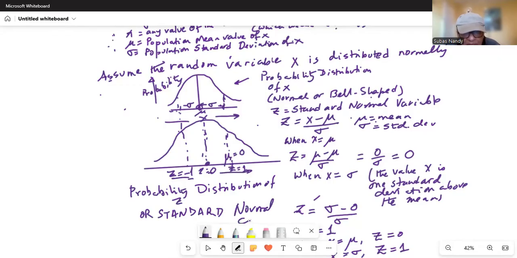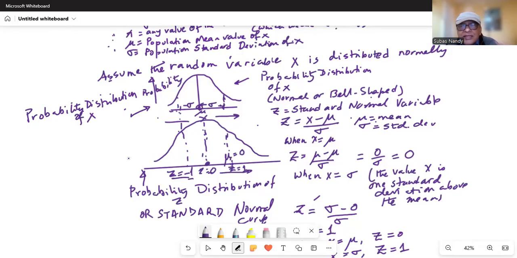It's identical to the probability distribution of the random variable. So this particular curve is the probability distribution of z. And what is this curve? This curve is the probability distribution of x, a bell-shaped curve. X is any random variable. So basically, they're identical.